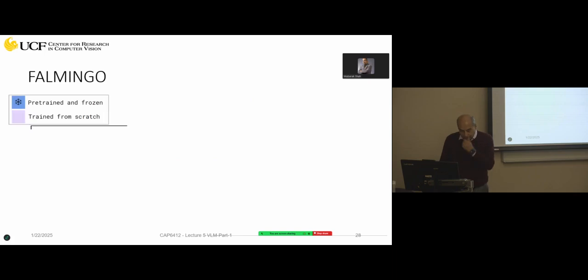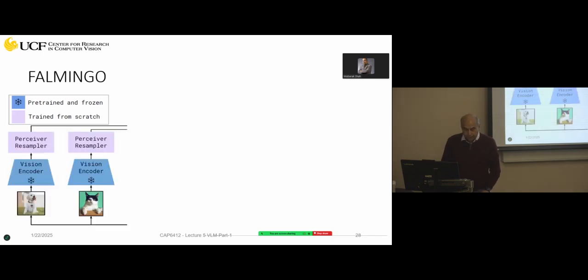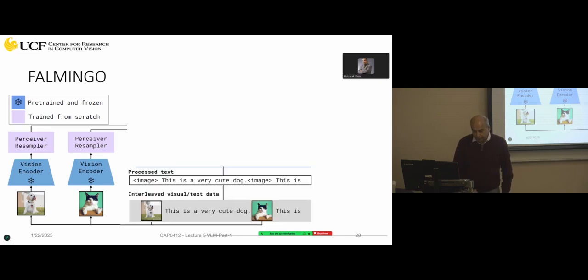So Flamingo is interesting in that it has a pre-trained model. We take the images and we have a vision encoder, and then we also have the text. Suppose this is a very cute dog, and there's another sentence, this is something about a cat.